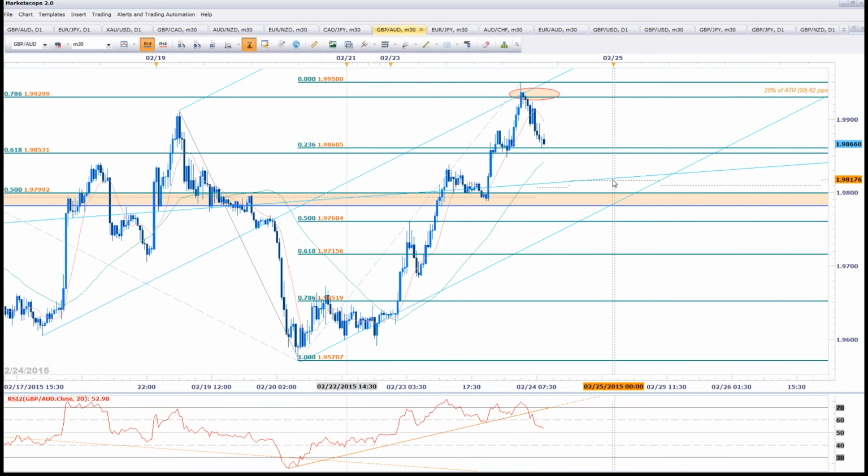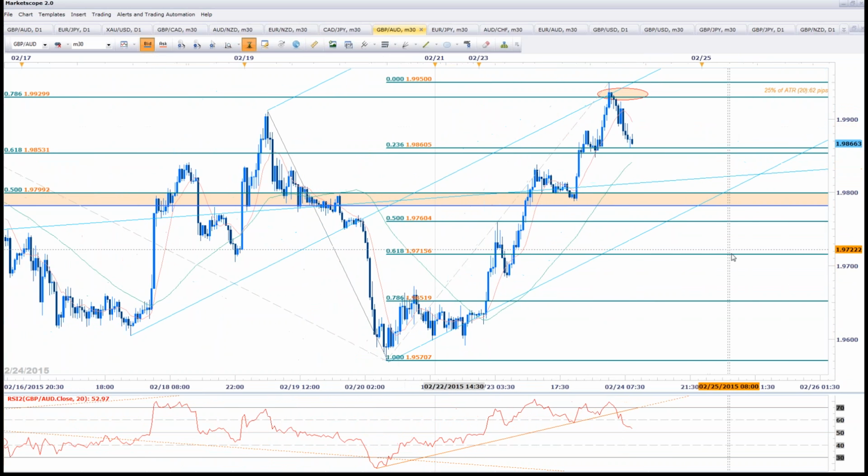Okay. All right. Those are the levels I'd be looking at. That's the new amended scalp setup here for Sterling Oz.